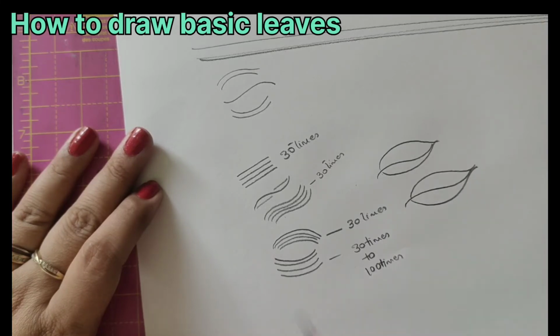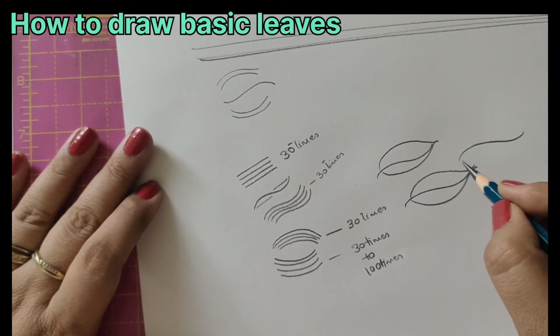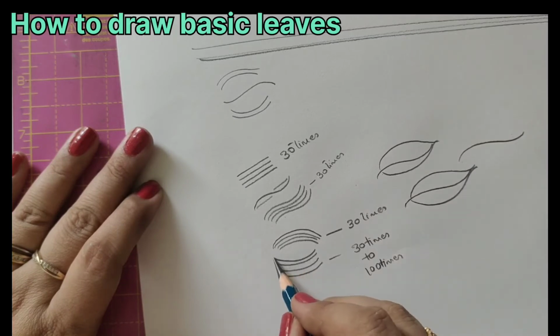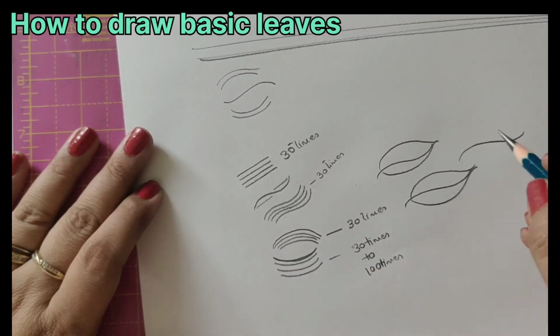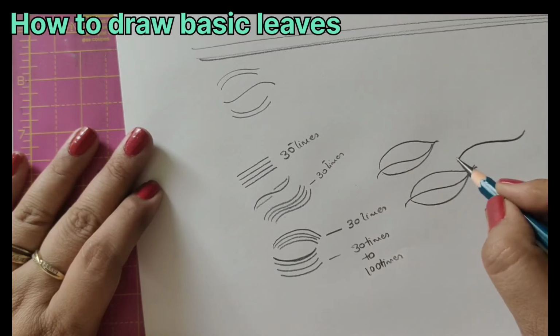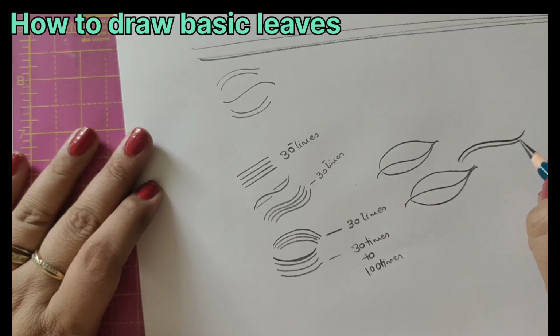Okay, so for this what do you have to practice? Practice this in this way. We'll give a small curve over here. Here we have practiced just the curve, and here we are going to practice this curve using a small curve over here. Okay, in this way. Practice even this for 30 times.